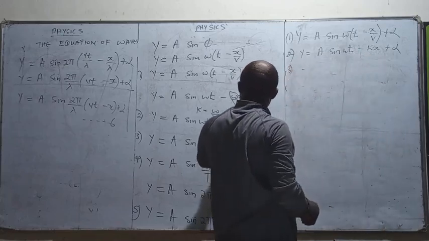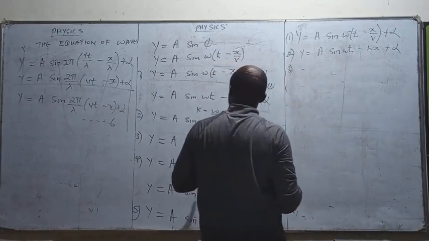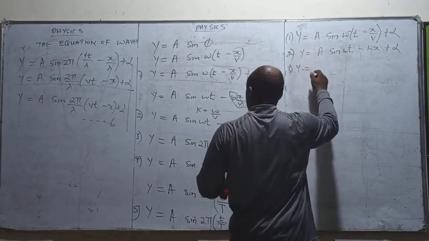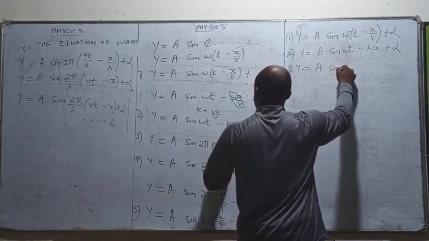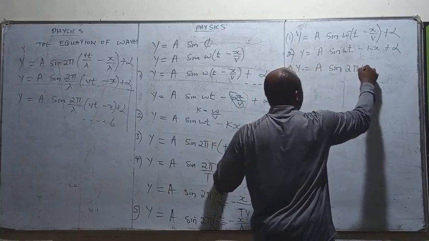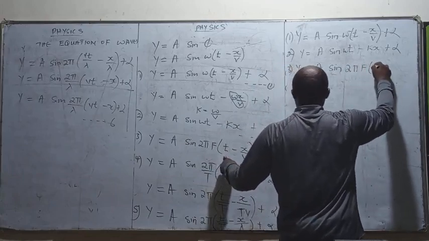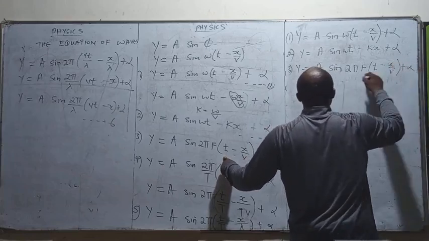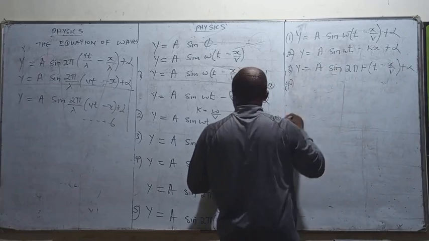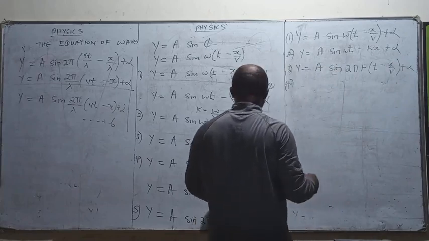Number three, we have y equal to A sine 2 pi f bracket t minus x all over v plus alpha.